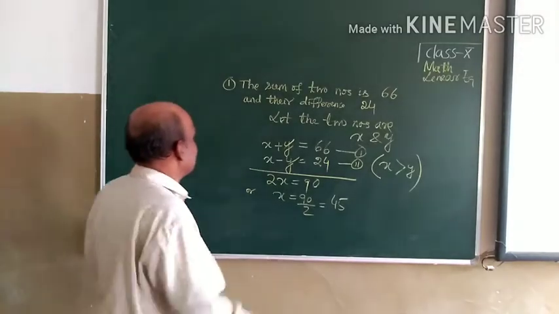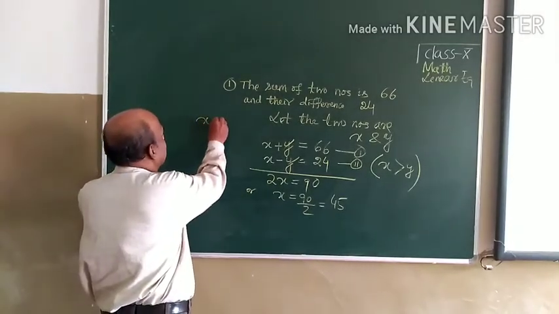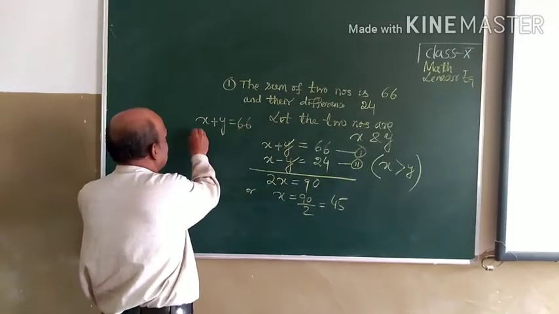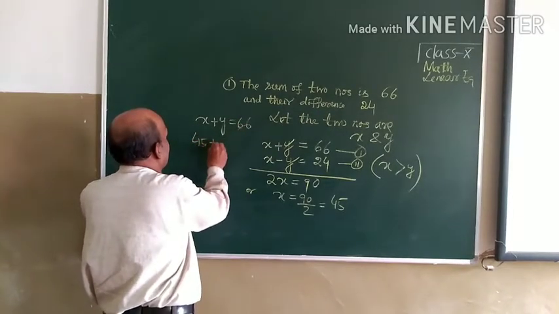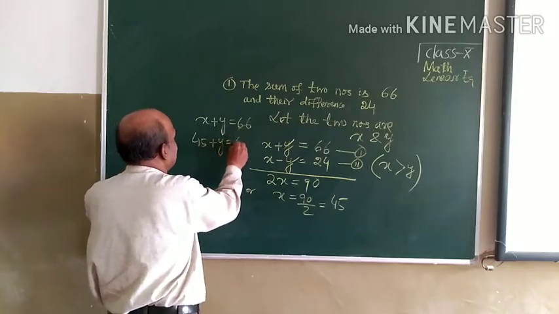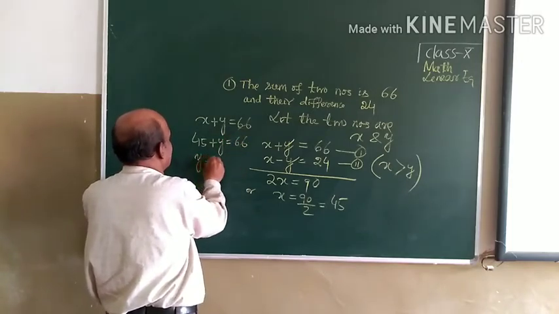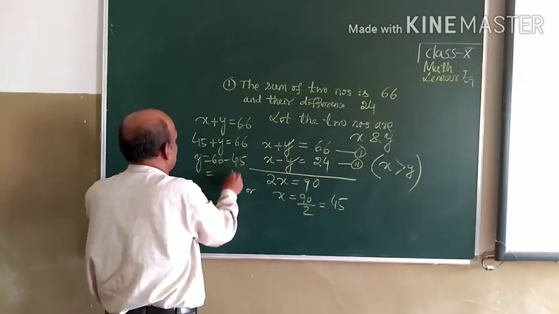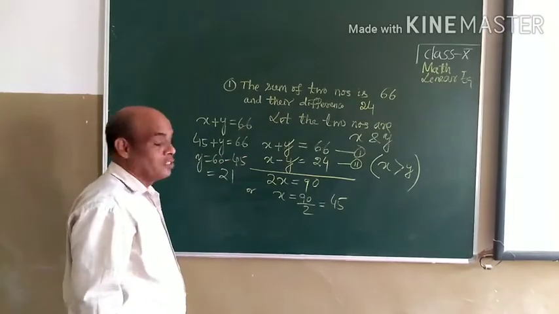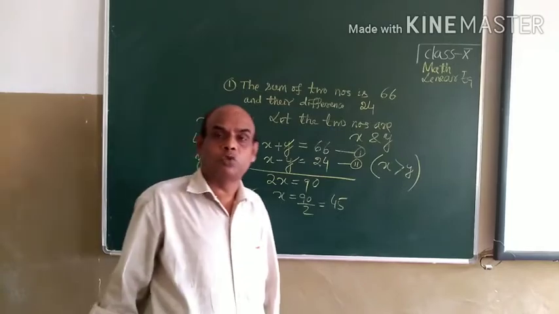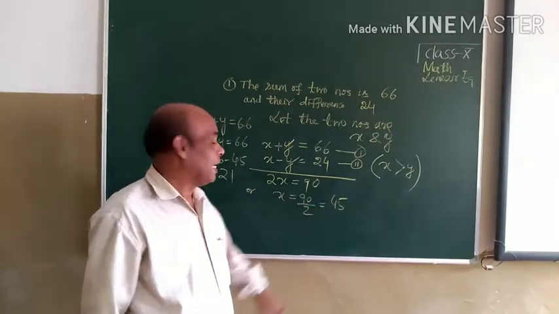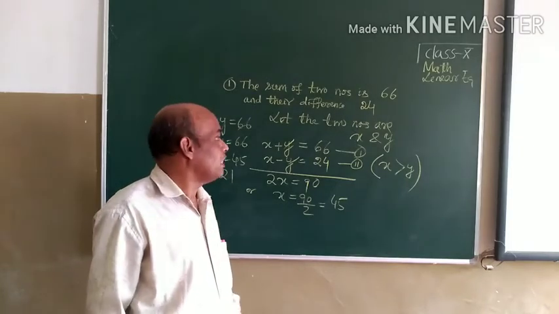So x plus y is equal to 66. Putting x is equal to 45, 45 plus y is 66. So y is equal to 66 minus 45, so we got 21. So what are the two numbers we got? One number is 45 and another number is 21.